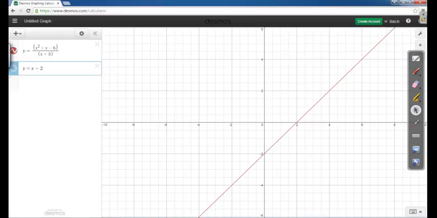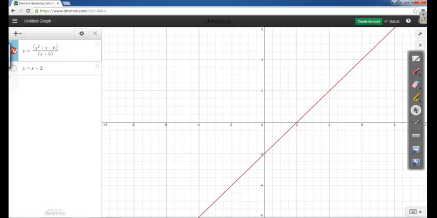I hide the blue one, and I got the red one. And if I move my cursor, notice that when I reach -3, we have y is undefined. So on the first function there's a hole, you can see right there.